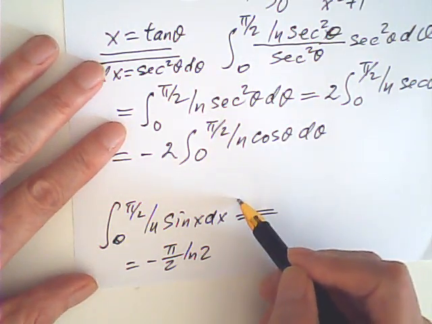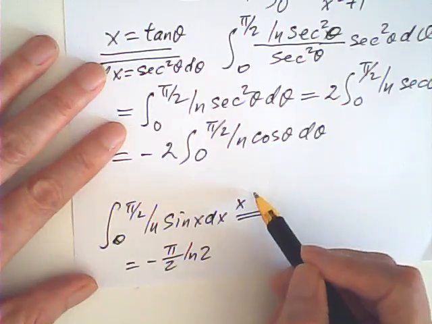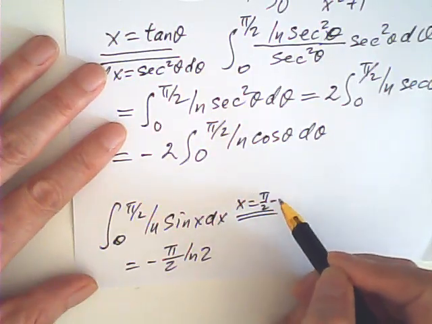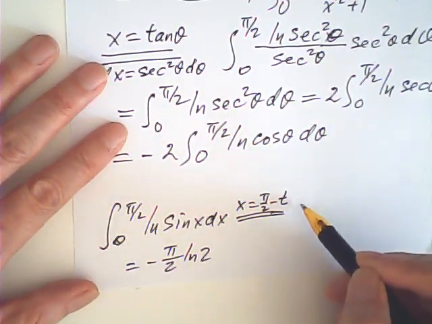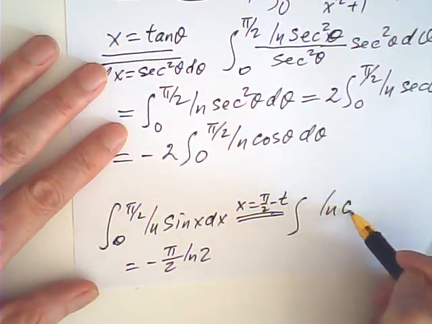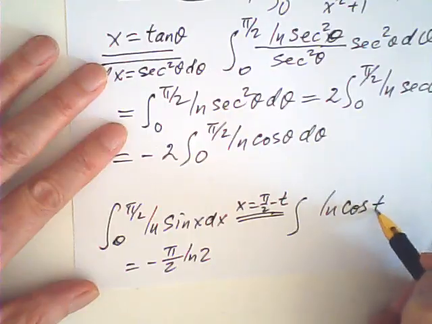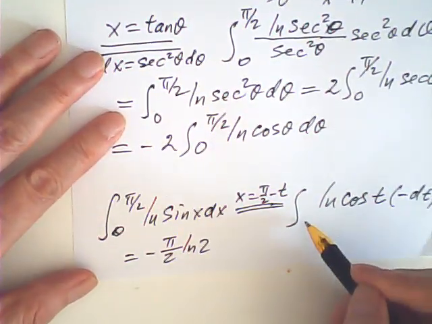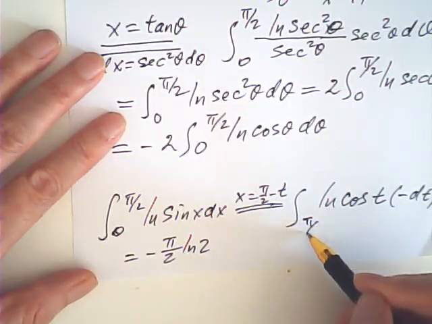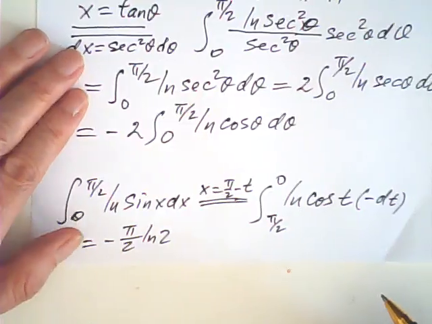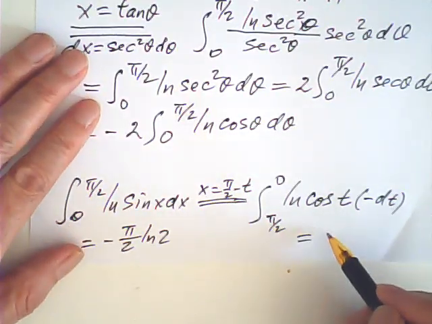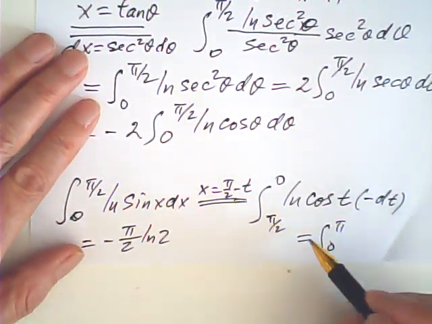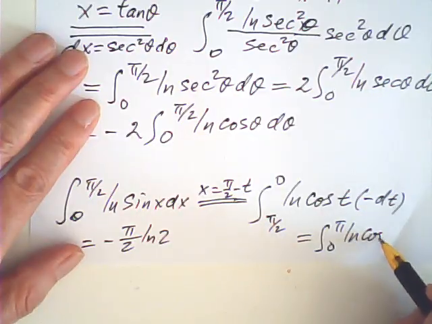And here, if I use x equal to half pi minus t, this one equals the natural log of cosine t, and negative dt, and this becomes half pi to 0. So this one is the same as here, changing the negative into the integral of log cosine t dt.